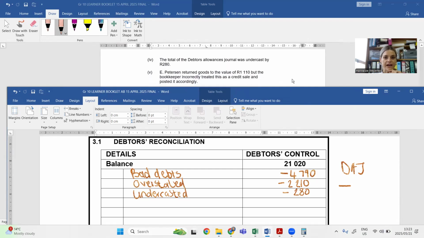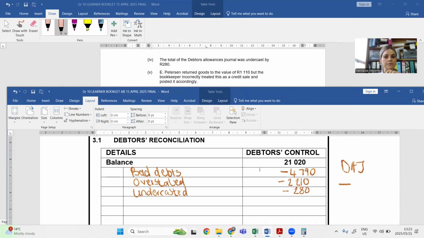Right. Then number 5 says E. Peterson returned goods to the value of 1,110 Rand, but the bookkeeper recorded this as a credit sale. So the bookkeeper was supposed to say that they are debiting debtors allowances and crediting debtors control, thereby decreasing the individual debtors account in the debtors ledger.